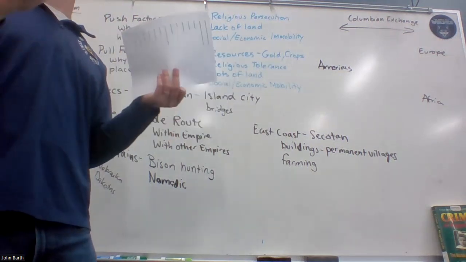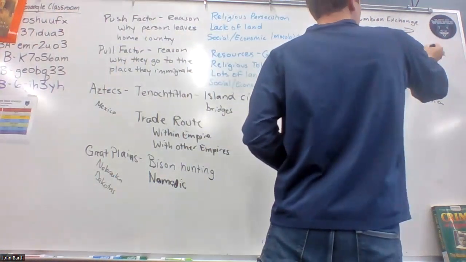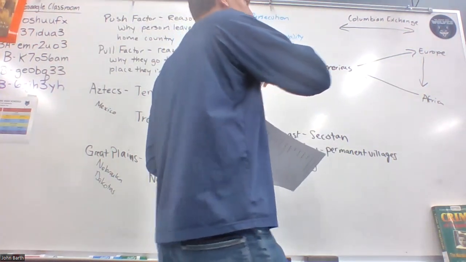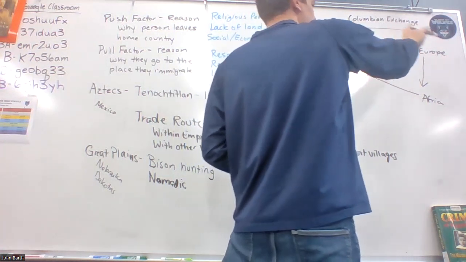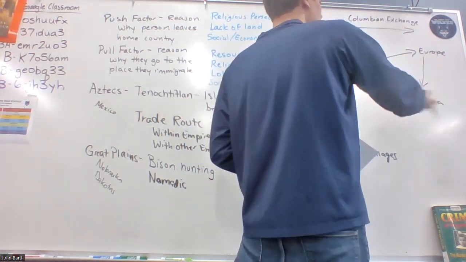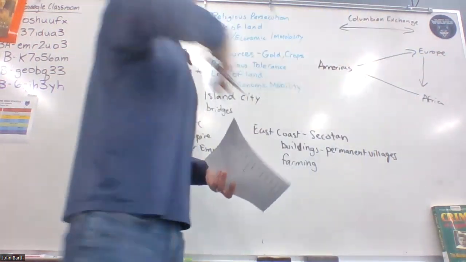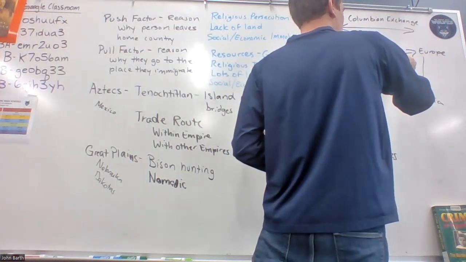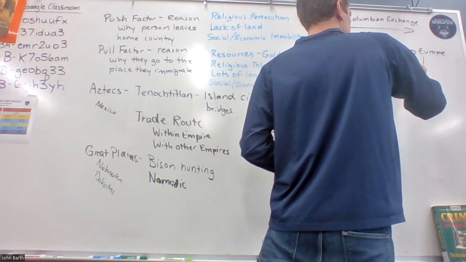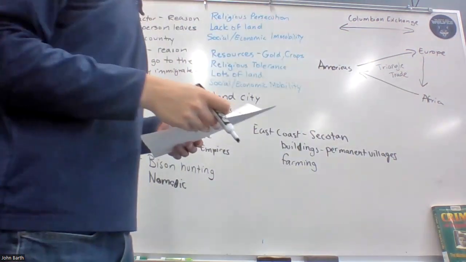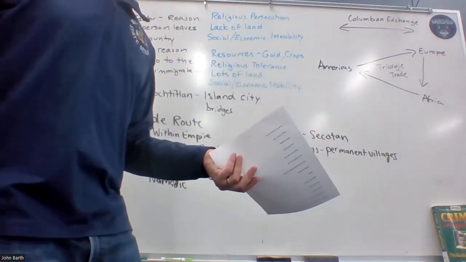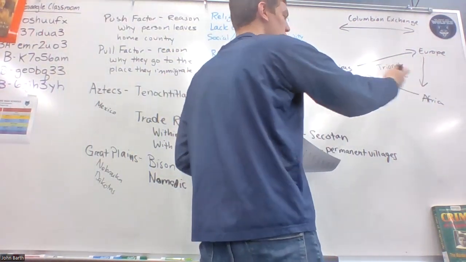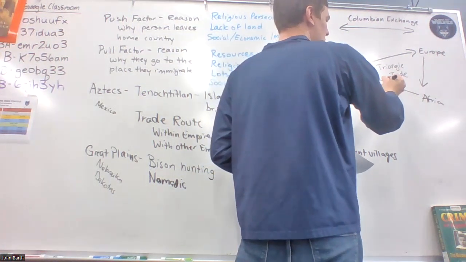Historians also use the term triangle trade, and that's the cycle that we talked about in class of resources, finished goods, and then kidnapped and enslaved Africans brought in this cycle called the triangle trade. We also talked about how just one leg of this triangle is the Middle Passage.